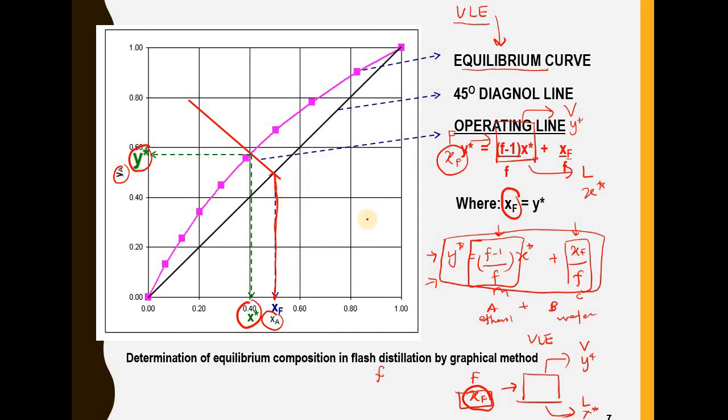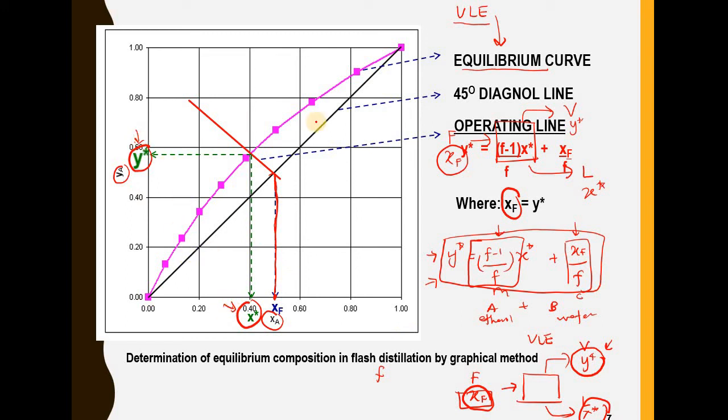After I already get this line, next I can find the value for Y star and the value for X star, so that I can know how much ethanol exists in the form of vapor in equilibrium, which is Y star, and how much ethanol exists as a liquid in equilibrium, which is X star. Here and here.